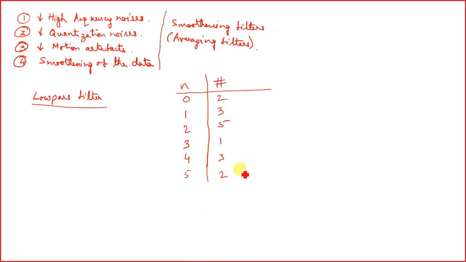Now if you see at the time index 3, there was a sharp fall in the number of students who have entered the class. Initially we were having 5 and then we got to 1.